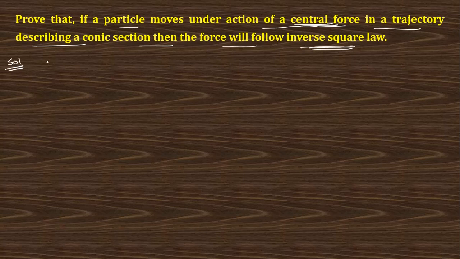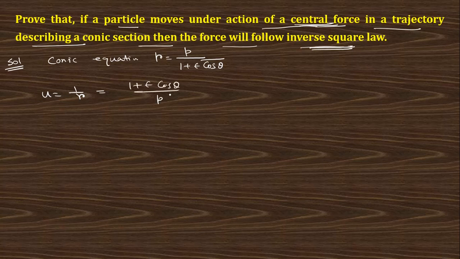So we can say that is the conic equation. We know the general equation of a conic is r equals p by 1 plus epsilon cos theta, and we have u equals 1 by r. So we put u equals 1 plus epsilon cos theta by p, so that is 1 by p plus epsilon by p cos theta.